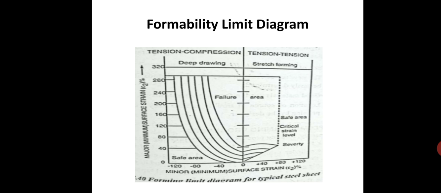How much load, what type of load, how much strain condition is required and when the failure occurs, all these things are given in the FLD diagram under the working condition.